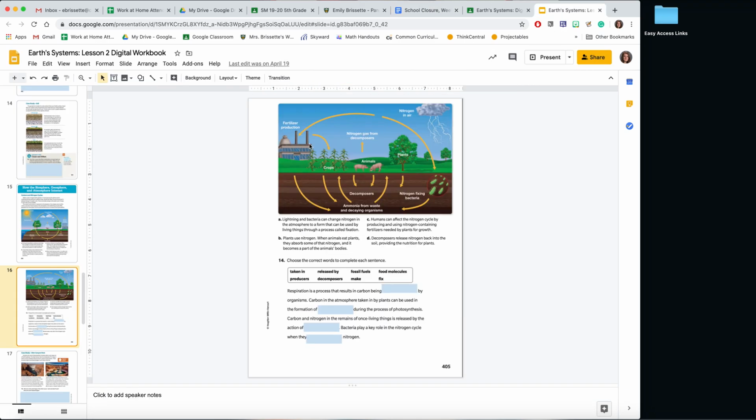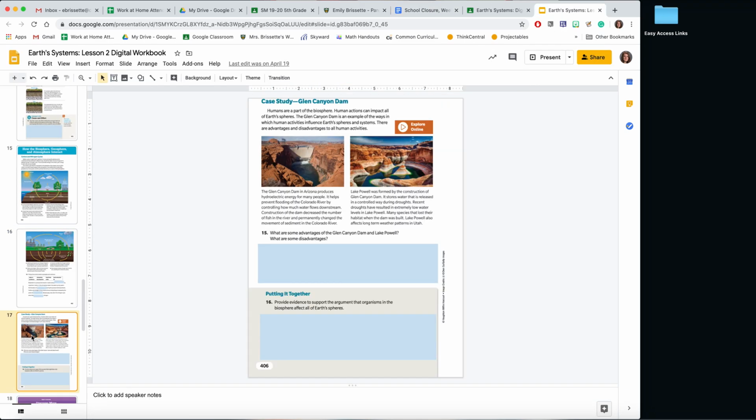And then your last thing is page 17. This one's looking specifically at the Glen Canyon Dam, so you'll read about that. And then question 15 asks you, what are some advantages and disadvantages of the dam? So see if you can identify while you're reading advantages and disadvantages, and then chat about them in this question.